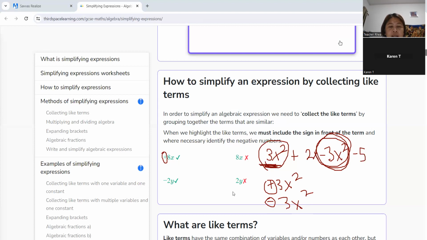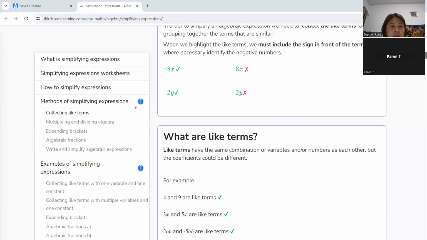So what are like terms? Again, like terms have the same combination of variables and or numbers as each other, but the coefficients could be different. The coefficients could be different, but the exponents and the variables must be the same.